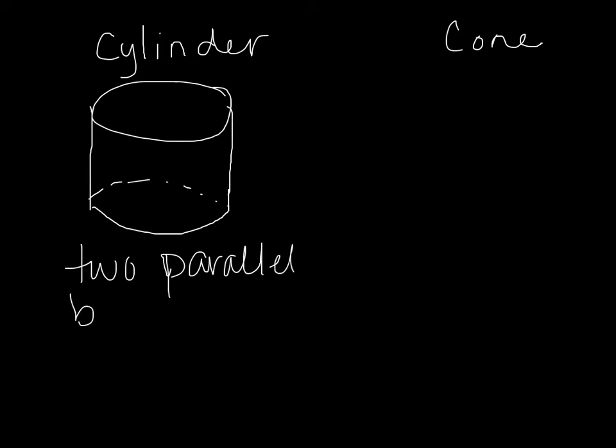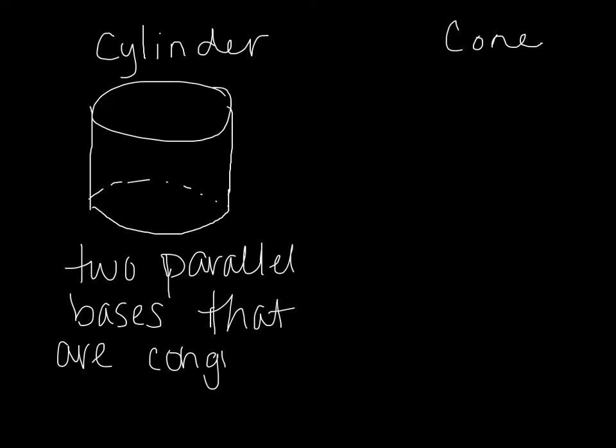But those bases, two parallel bases that are congruent, circles. Okay, so in order for it to be a cylinder, it has to have a circle on the top, circle on the bottom, and that makes it a cylinder.